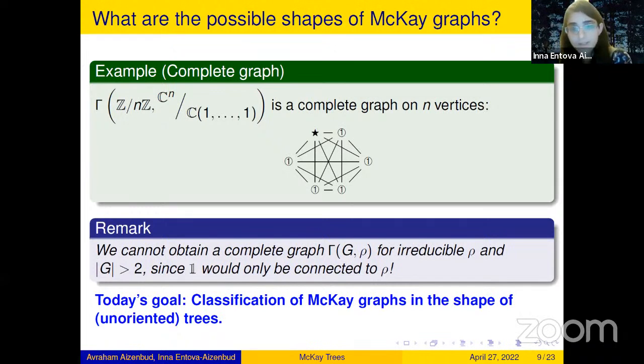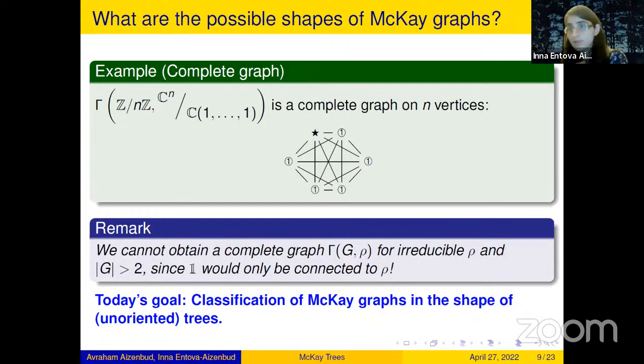So for instance, this complete graph is actually glued out of many, many cycles. But the more interesting question is, can we get a complete graph when we actually consider an irreducible representation of some group?